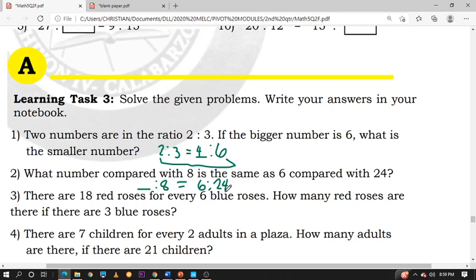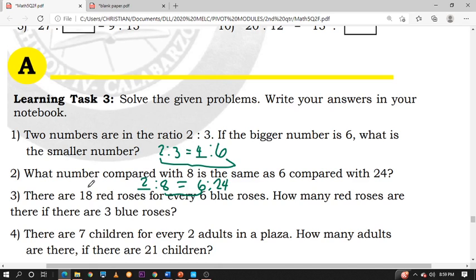Okay. So, ano pa magiging sagot natin? So, ang kompleto dito is the means. So, ito muna i-multiply natin. So, 8 times 6 is 48. Then, divided by 24, so that is 2. So, the answer natin is 2.